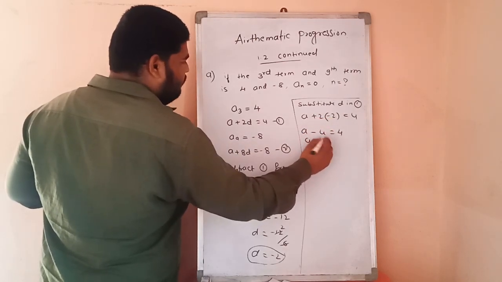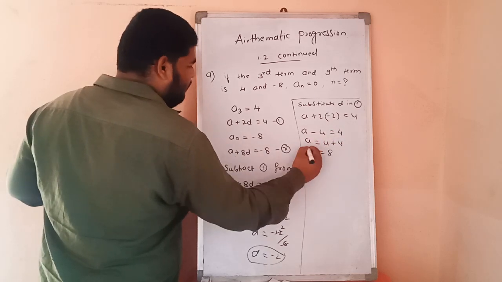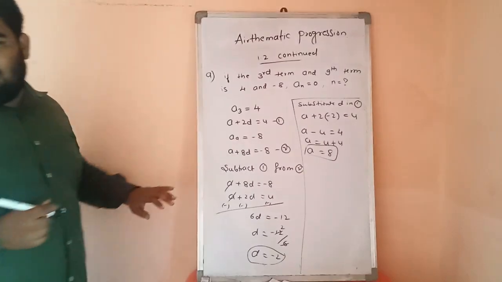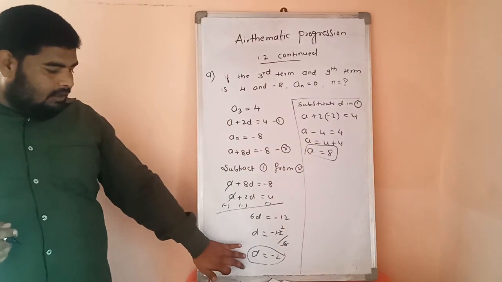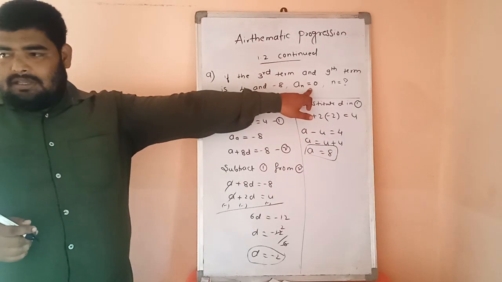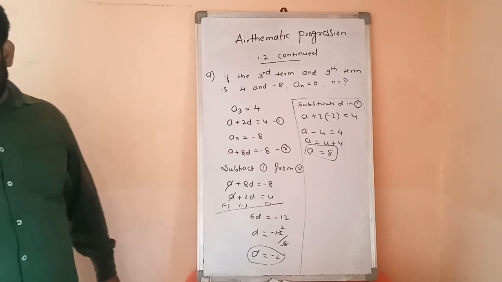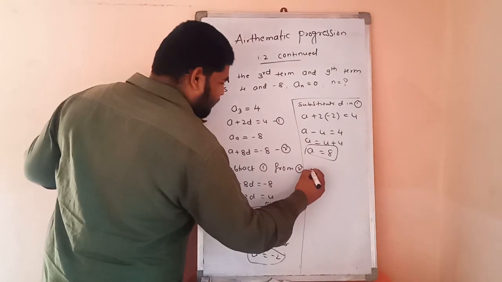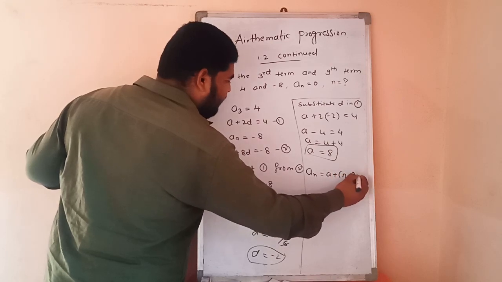So a is equal to 4 plus 4. So a is equal to 8. Okay now, we got the first term and common difference. Here last term is already given. So we have the formula. What is the formula? an is equal to a plus n minus 1 into d.